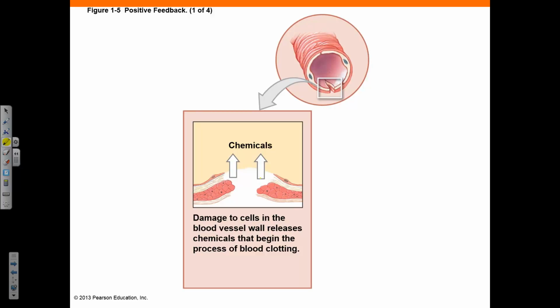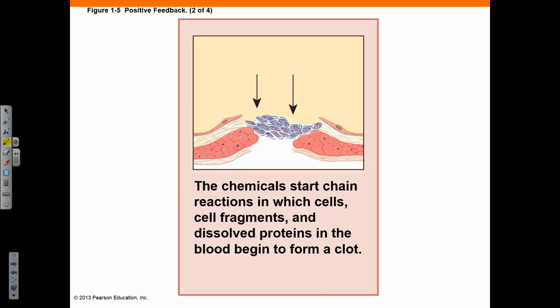The damage of a vessel wall results in bleeding and the disruption of homeostasis. When the wall of a blood vessel is damaged, specific chemicals are released that will trigger blood clotting to begin. These chemicals attract platelets and will start a series of chain reactions leading to the start of blood clot formation.